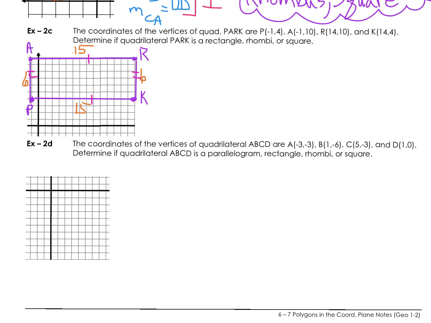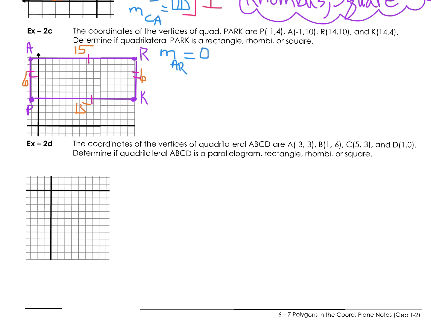Then from there, I'm going to prove I have 4 right angles. So I'm going to do this in blue. I'm going to do the slope, and remember I'm going to go around the figure. So I'm going to start from A and just go around this way. From A to R, because it is horizontal, I can walk on it.